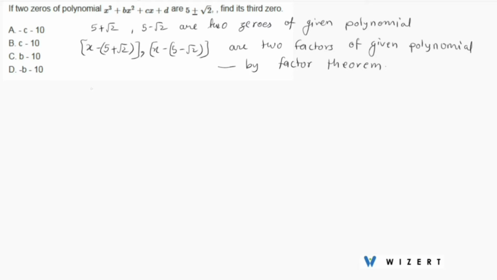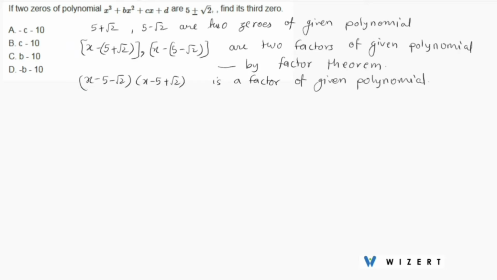So what we have, x minus 5 minus root 2 multiplied by x minus 5 plus root 2 is a factor of given polynomial. So let's simplify this.